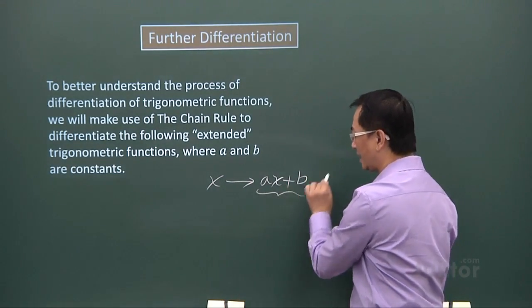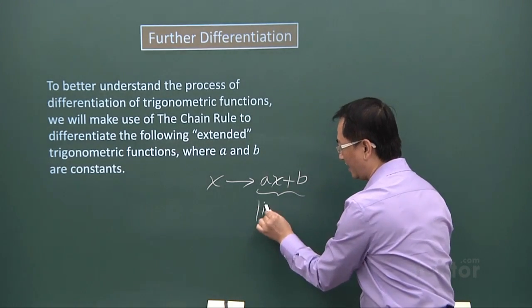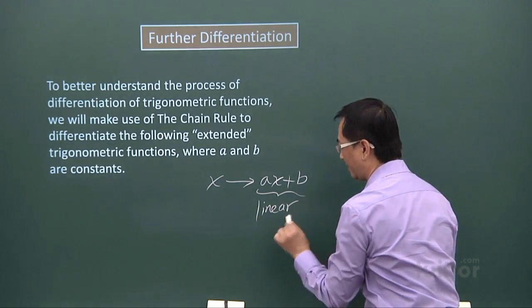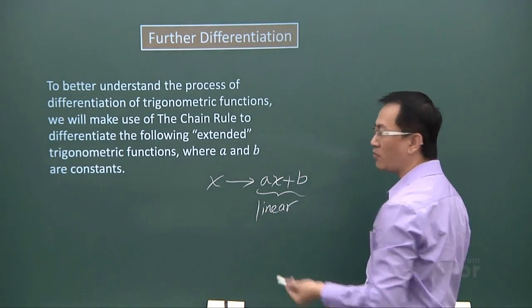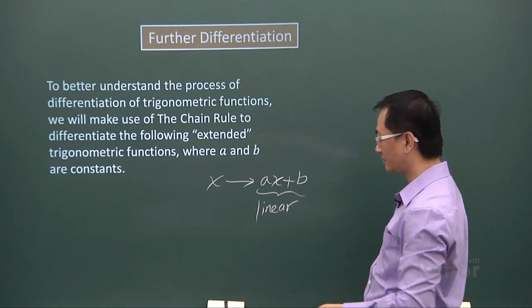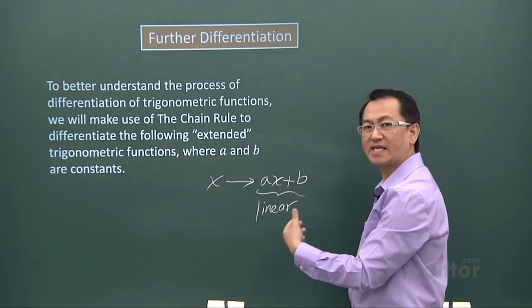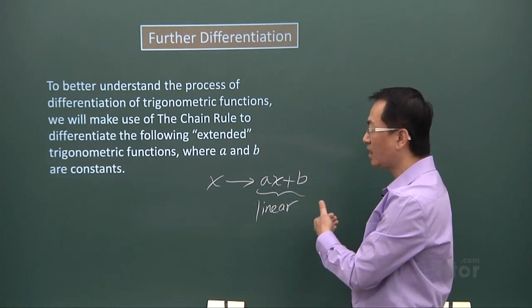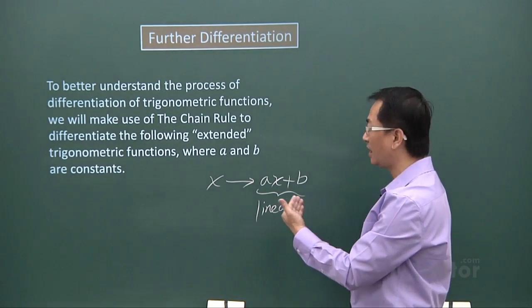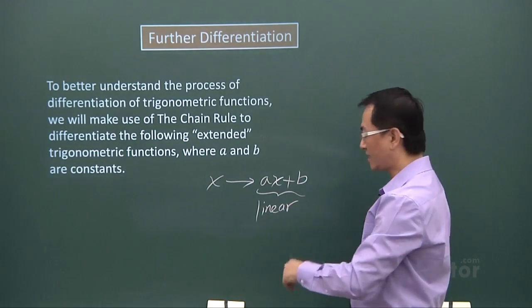This is linear. Just as that one. But this is the full form of the linear expression. We'll run through the same few functions, the sine of ax plus b, cos of ax plus b, and then tangent of ax plus b.